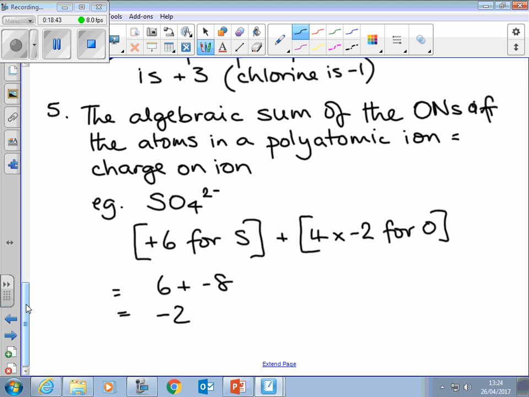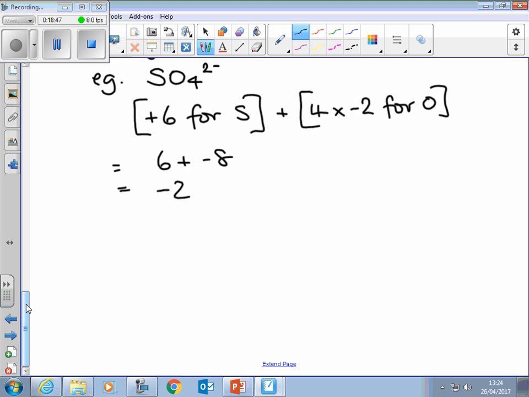Just to give you another example to go with that, to do it in reverse, have we got on the pink card, have you also got sulfite? SO3 2-, yeah?